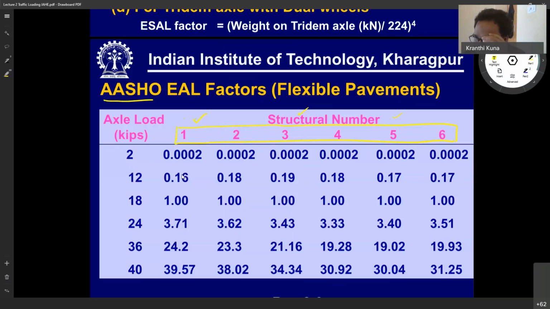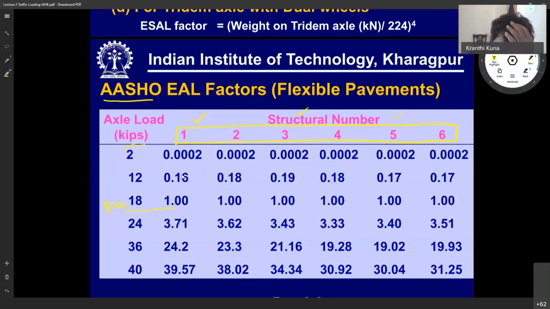They collected the performance data through accelerated pavement testing. They forcefully ran heavy loads on these test sections, and what they found is this is 18 kips. 18 kips is equivalent to 80 kilonewton. Because in the US they talk in terms of pounds, inches and feet.